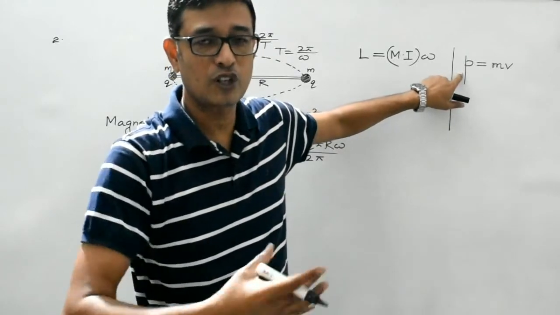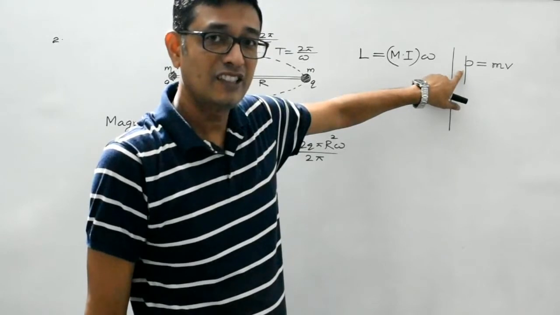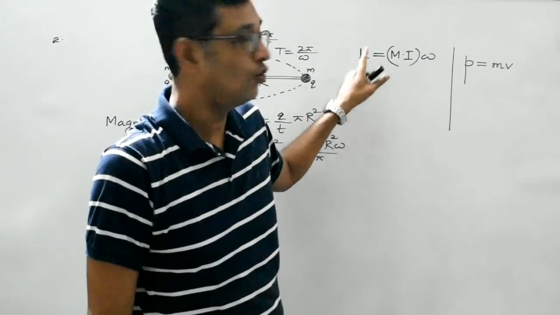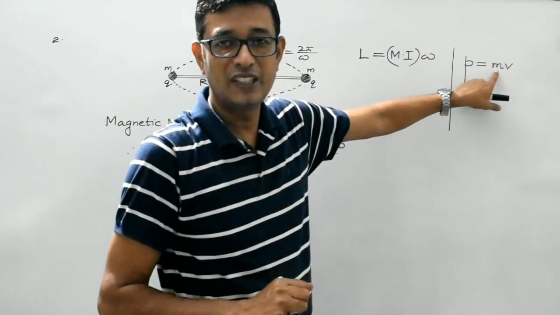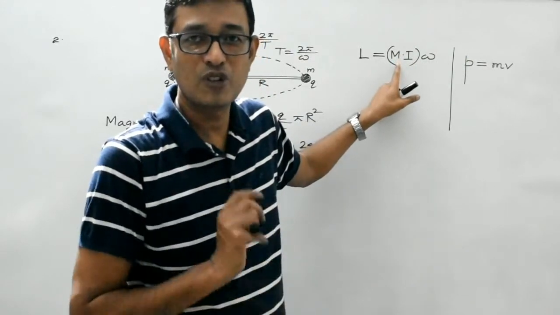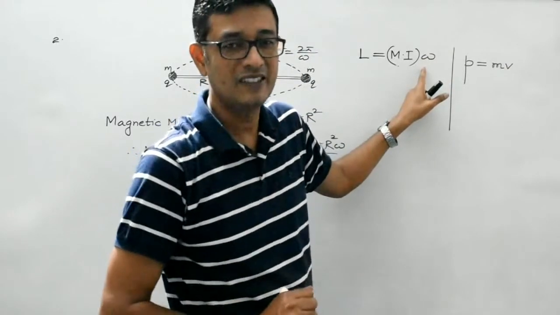Whatever role momentum plays in translatory motion, the same role is played by angular momentum. Whatever role mass plays in linear motion, the same role is played by moment of inertia in rotational motion. Similarly, linear speed is replaced by angular speed, right?